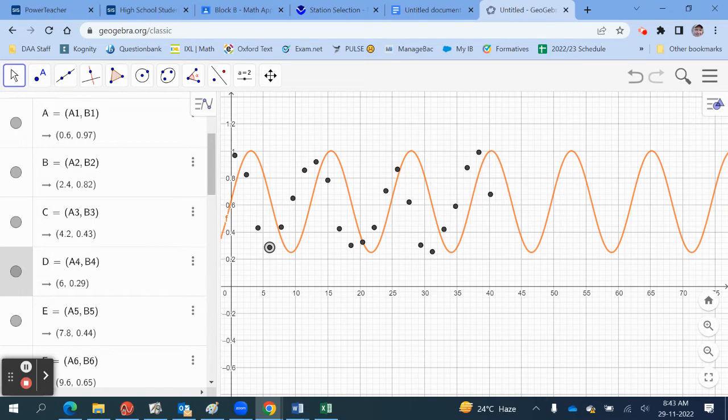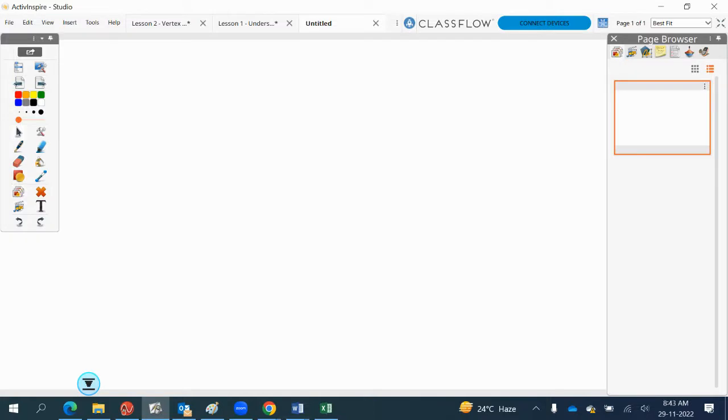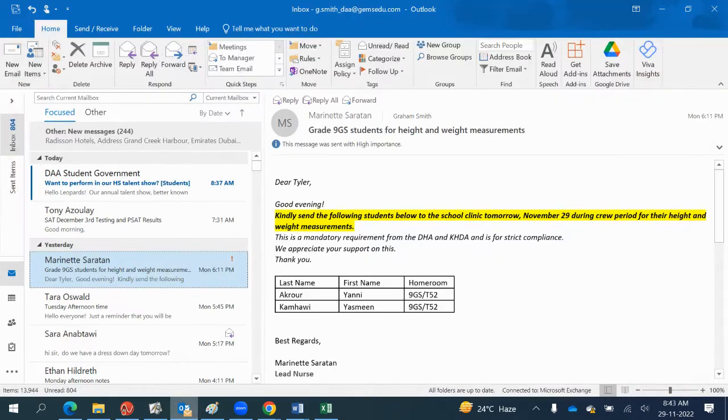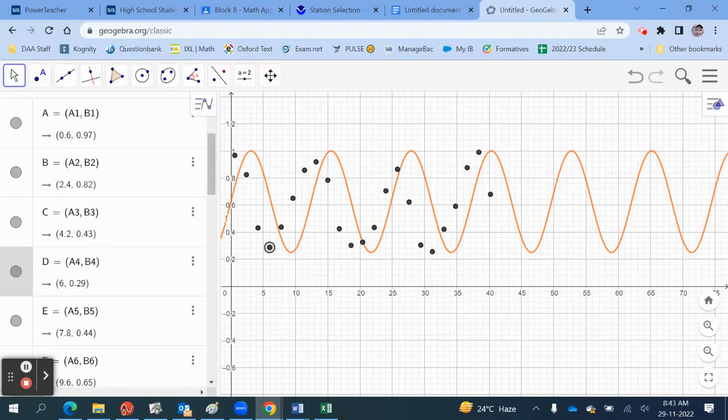So what I can do is I know that it goes through 6, 0.29. I have the model.